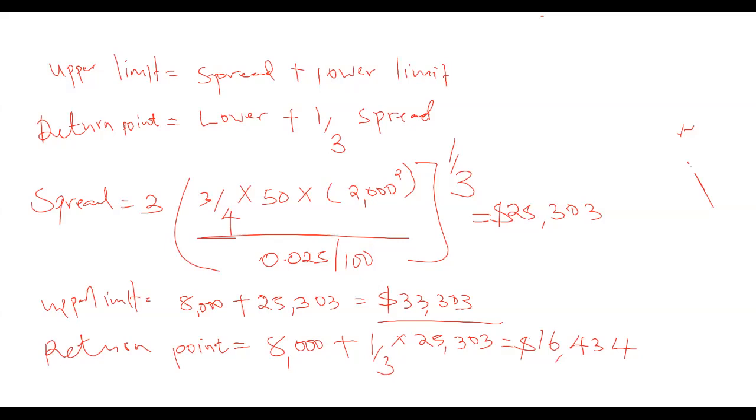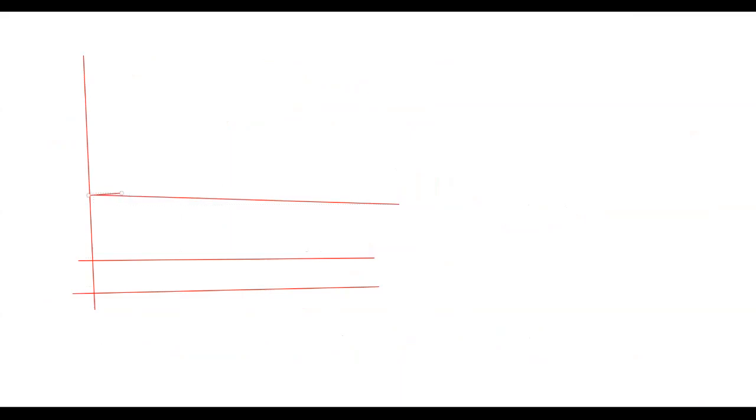And that's how you manage cash using the Miller-Orr model. In case, you can also use the graph. Let me draw it here for this question. We have the lower limit, the target cash balance, and the upper limit.